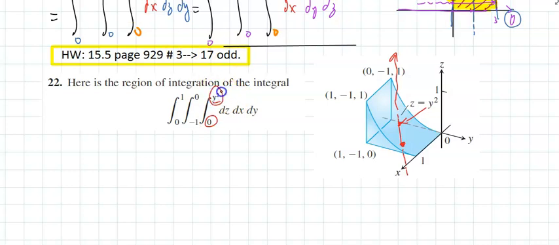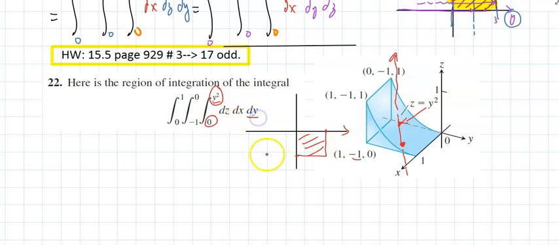So when I do that, I'm really looking now from the bottom up, and this is what I see. I see x running from 0 to 1, but y running from 0 to -1. I only see this rectangle.